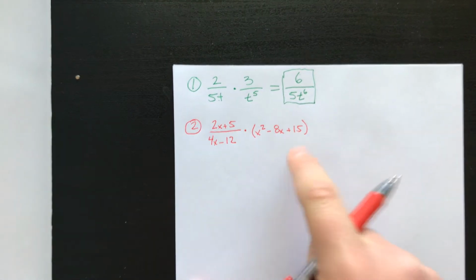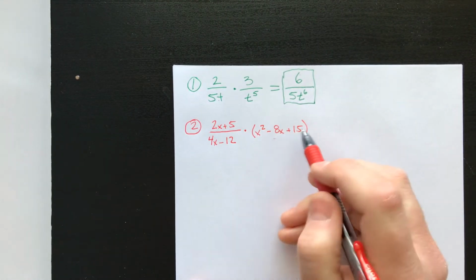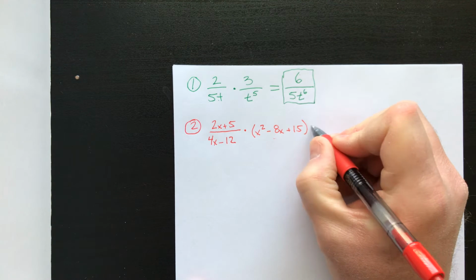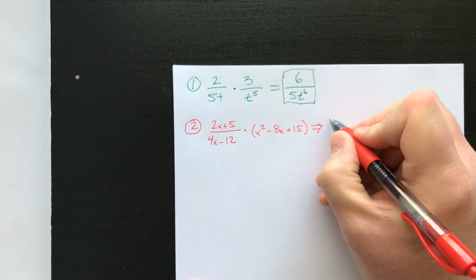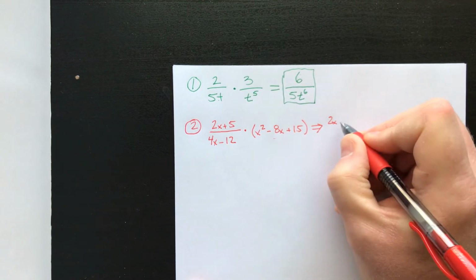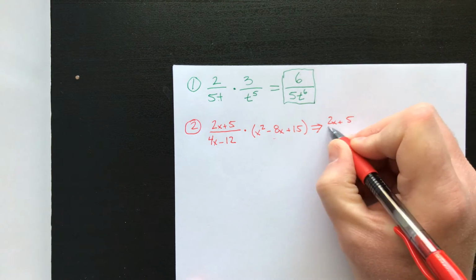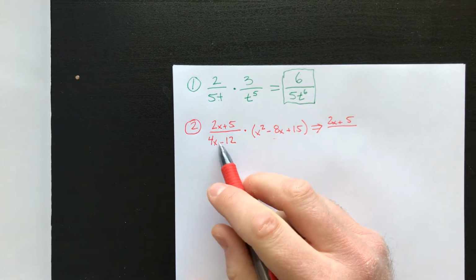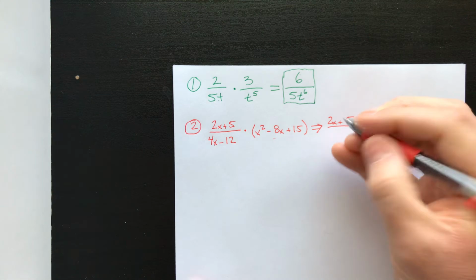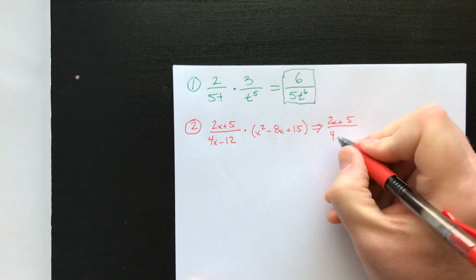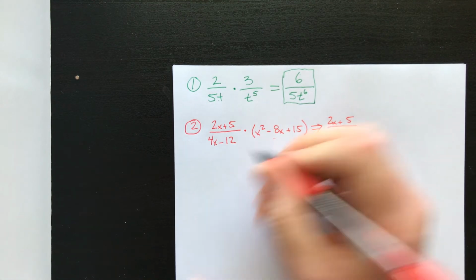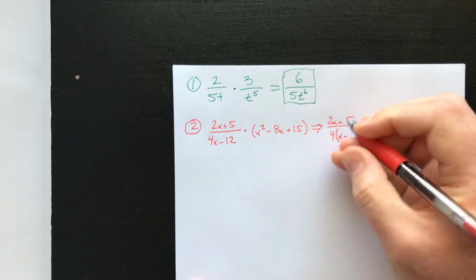I'm going to rewrite this, and I'm going to factor this. So I'm going to rewrite this as 2x plus 5. Now, can I factor anything out of this bottom part? Yes, I can. I can take a 4 out, which will leave us with x minus 3.